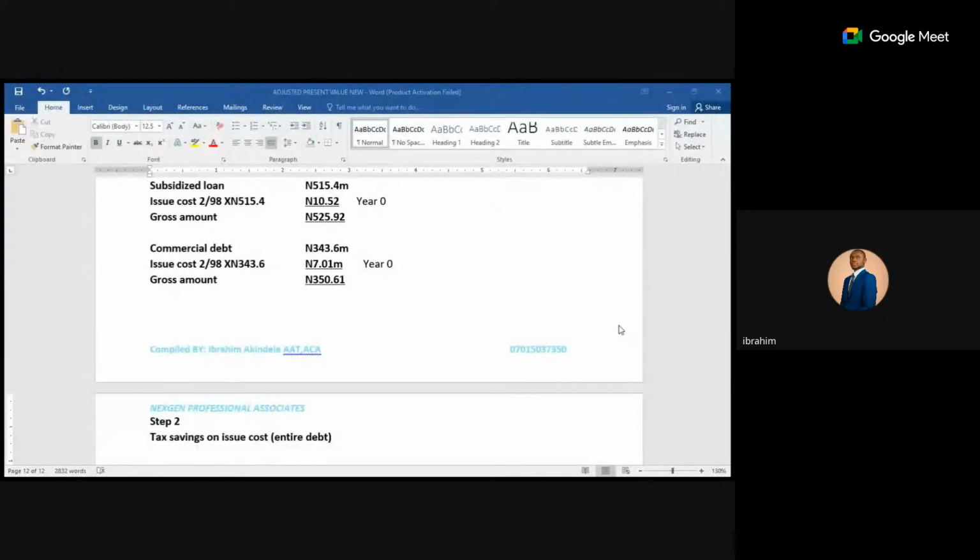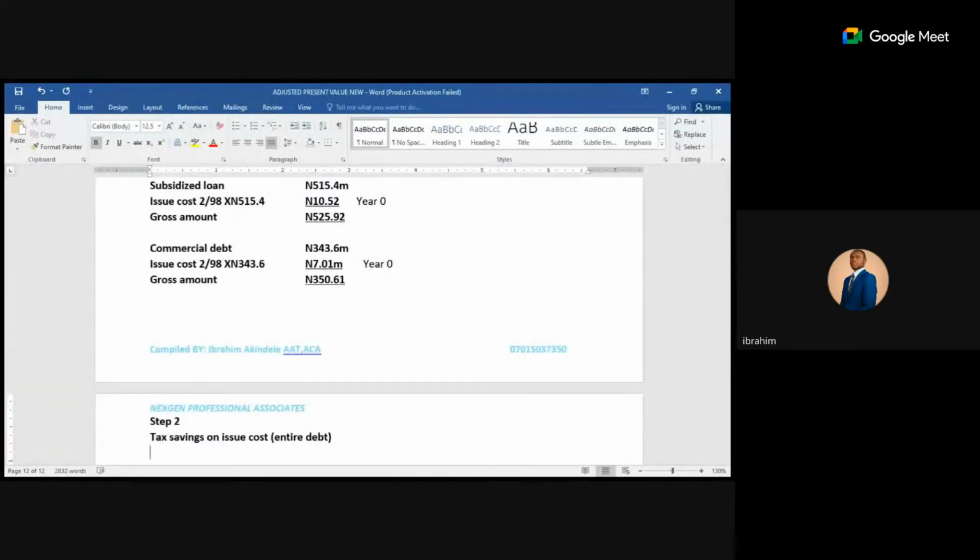But in this question, we're told that the project is being financed by debt. So the tax savings will be on the entire debt, both the subsidized and the commercial.